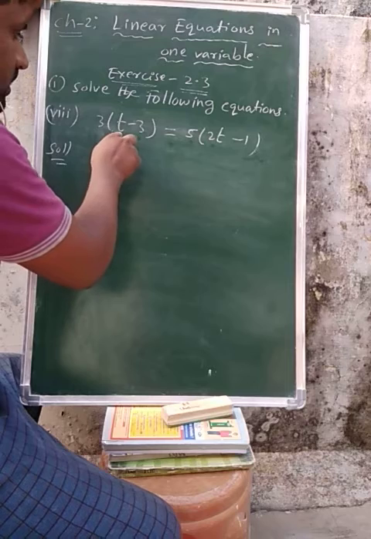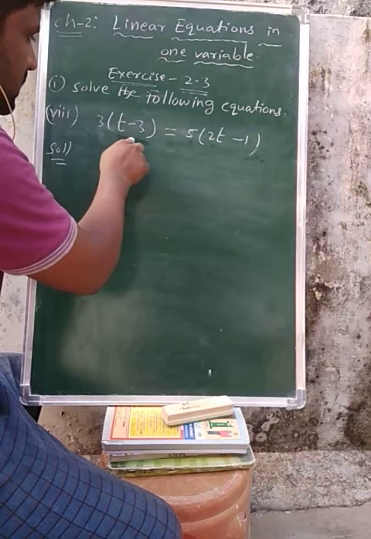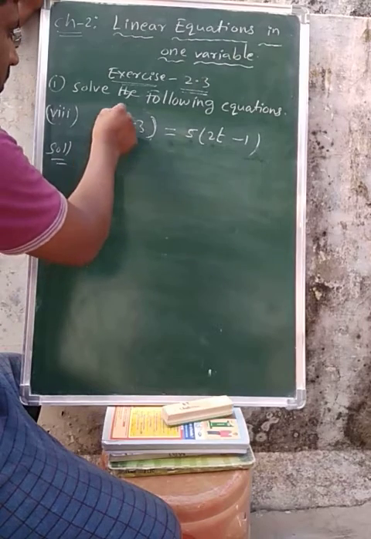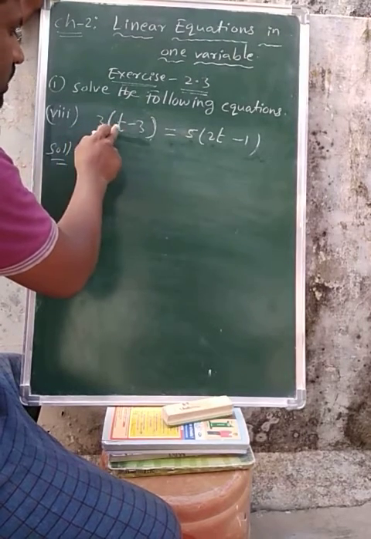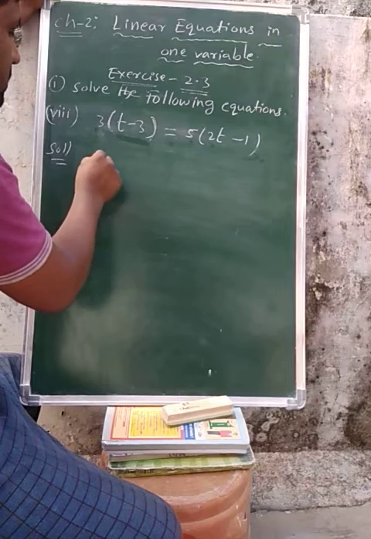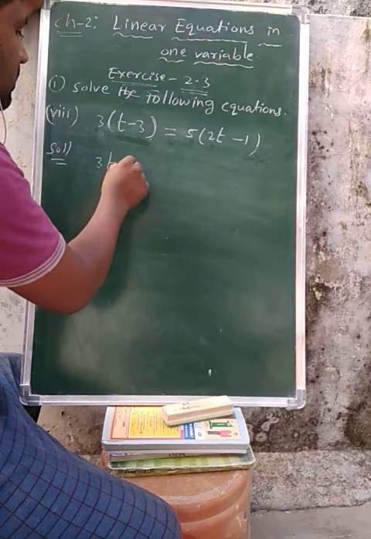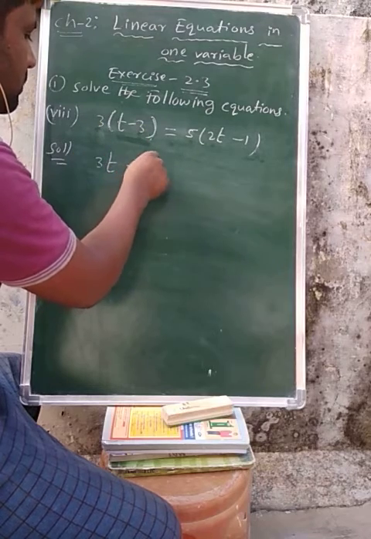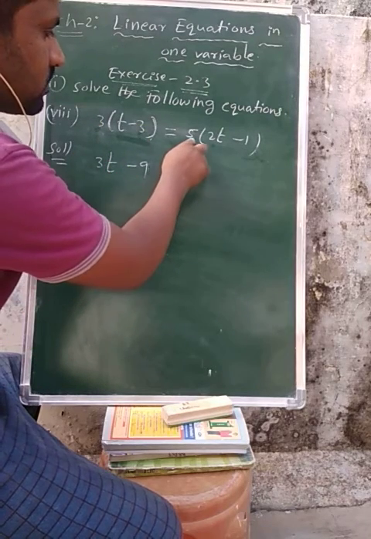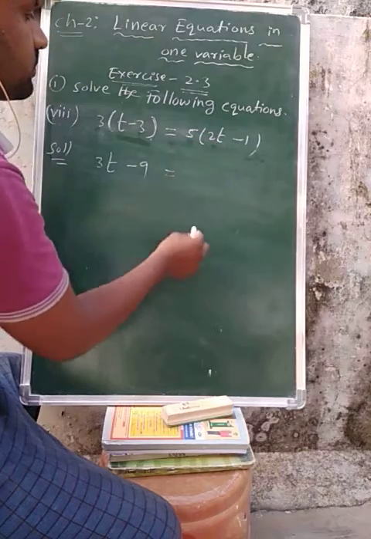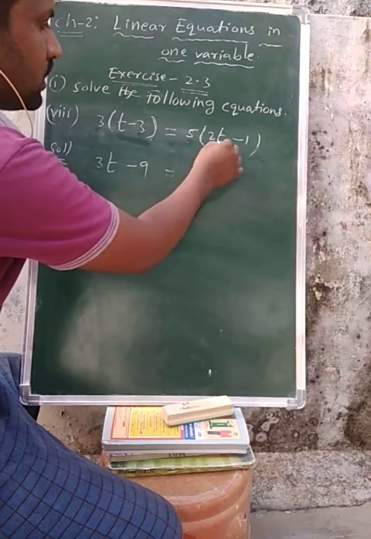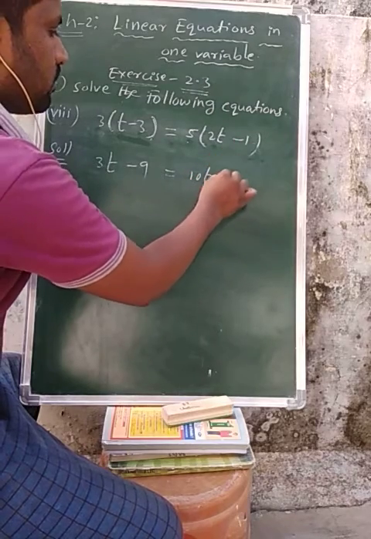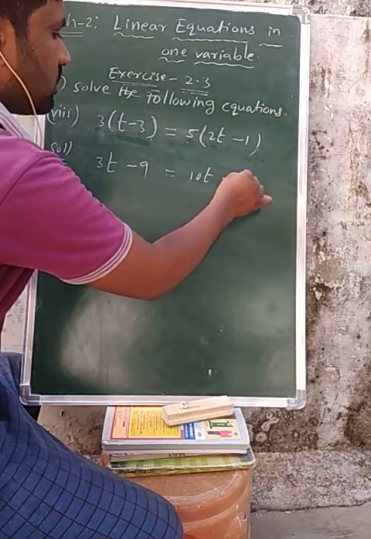We multiply the complete expression which is in the bracket with 3. 3 of t is 3t. 3 of minus 3, 3 3s are minus 9, is equal to here 5 of 2t, 5 2s are 10t, minus 5 ones are 5.